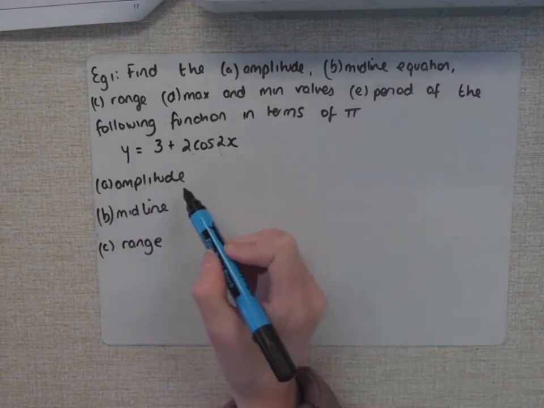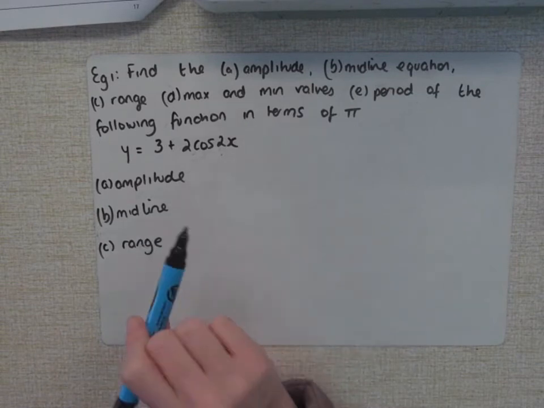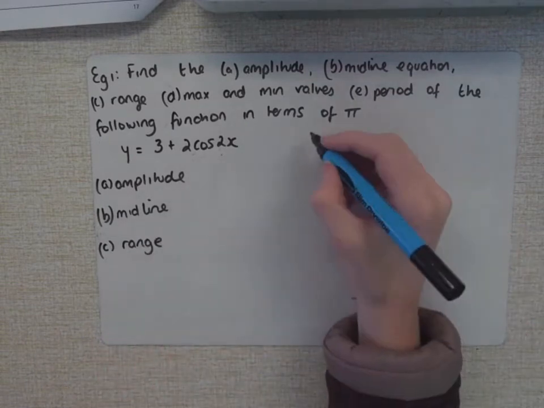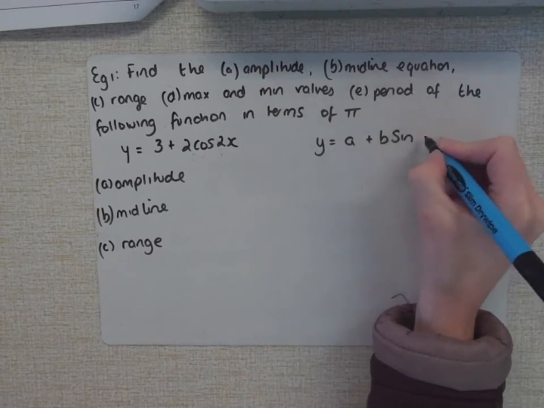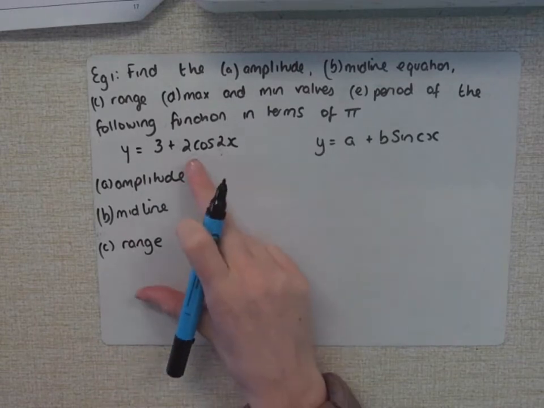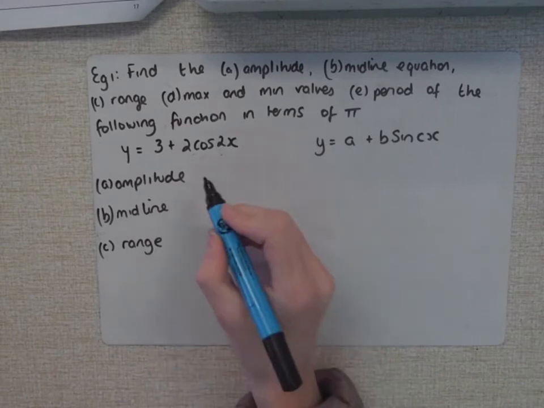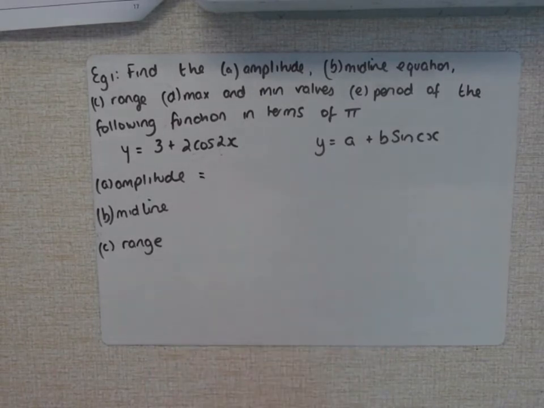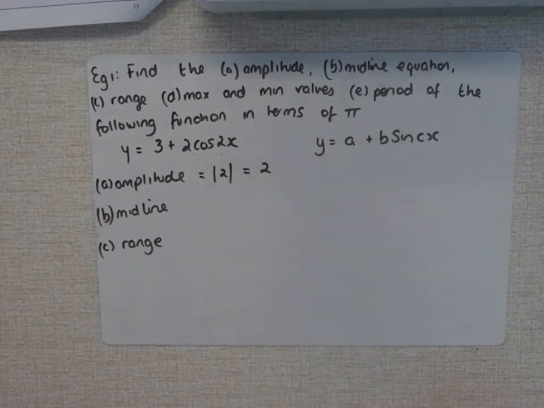So the amplitude, just turning back a page, is the absolute value of, so remember this is A plus B sine C of x, okay, so they're the same. So A is 3, B is 2, and C is 2. Okay. So, what's your amplitude going to be? Yeah. So the absolute value of B, which is just 2.